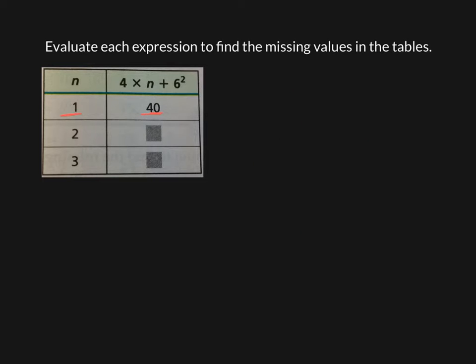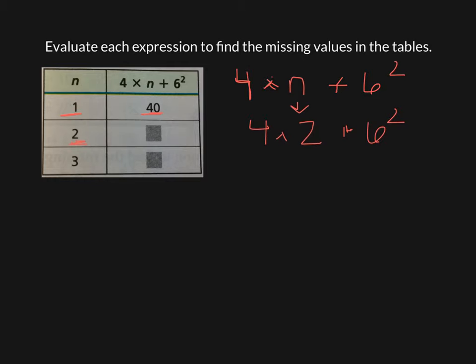All right, so now let's try it for 2. 4 times n plus 6 squared. Now instead of our n, we're going to substitute 2 because it says that we have to try it for n equals 2. So 4 times 2 plus 6 squared.